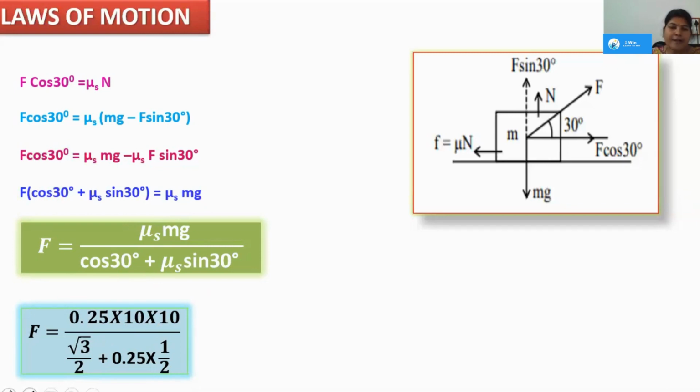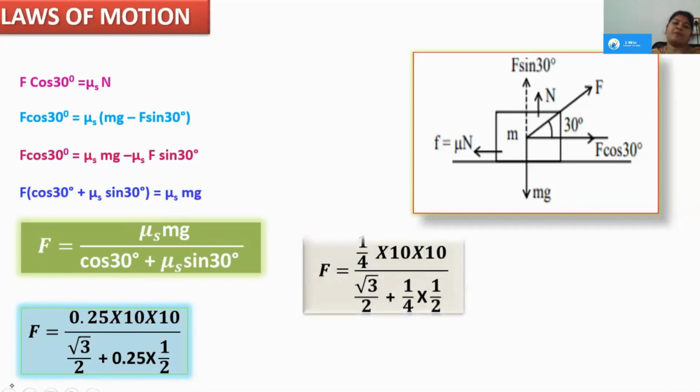What is the next step? Further simplification. 0.25 means 1 by 4, into 10 into 10, divided by root 3 by 2 plus 1 by 4 into 1 by 2.